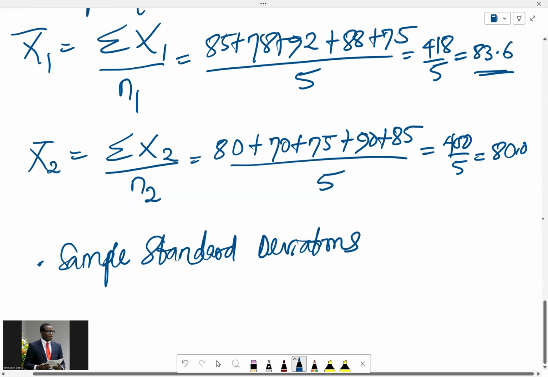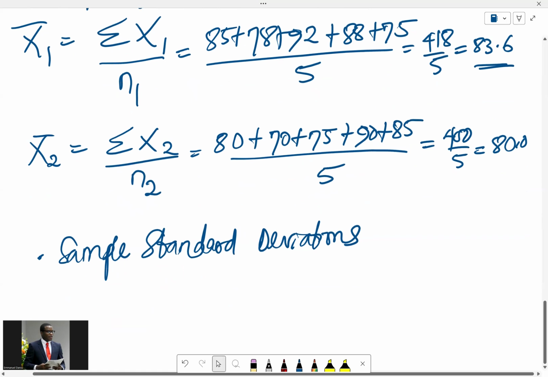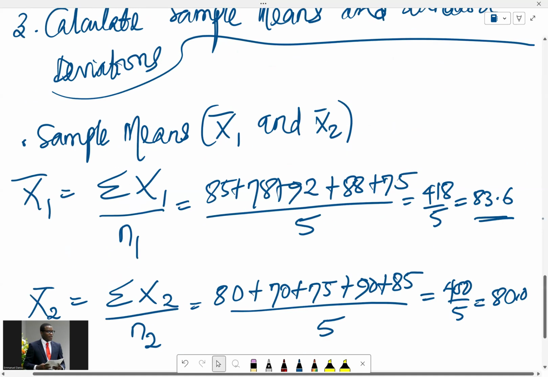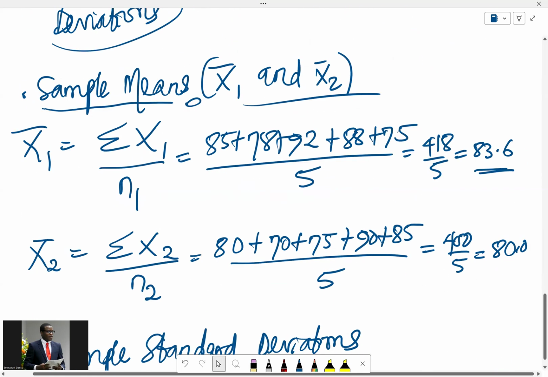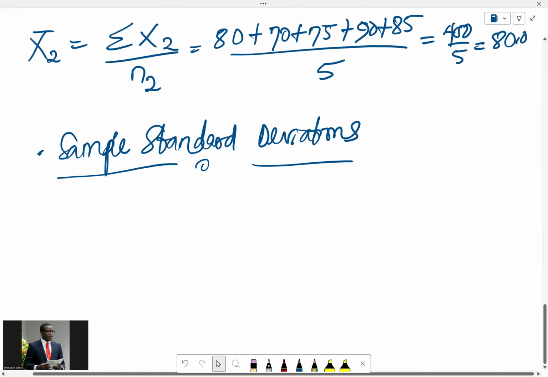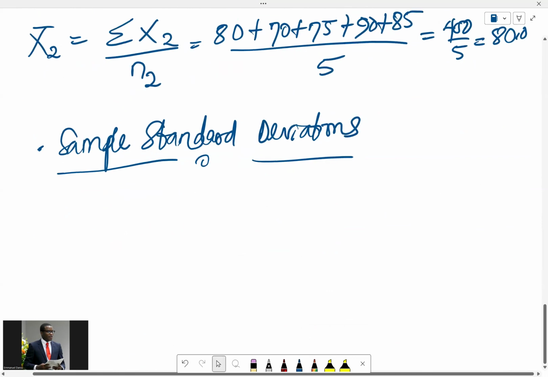These things are best done in tabular format, I mean the standard deviations. I can still do them in tabular format, yeah, we can do that.